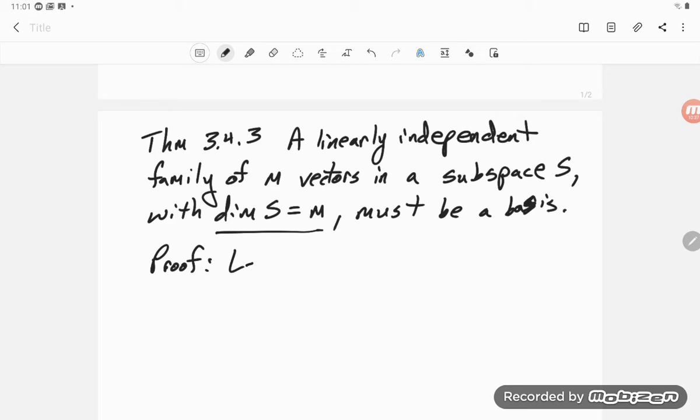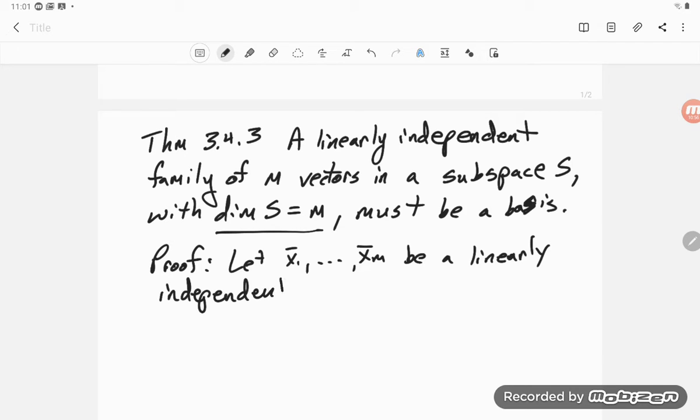So they say let x1 to xm be a linearly independent family. Okay, so there's our independent family that it was talking about. Guess they live off the grid or something.